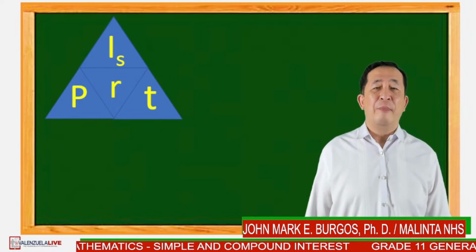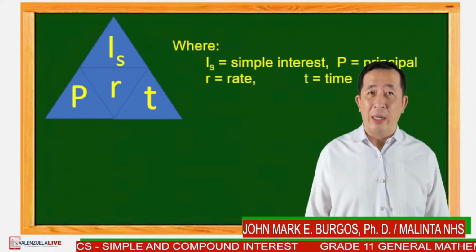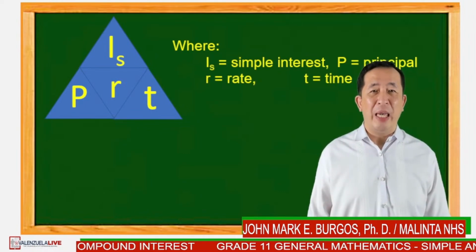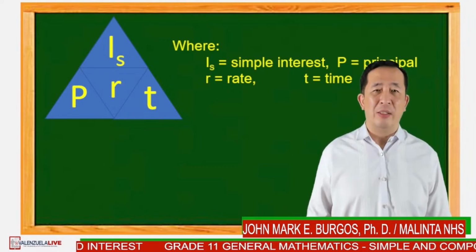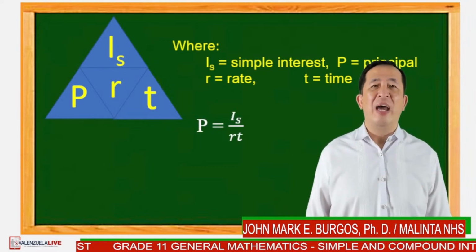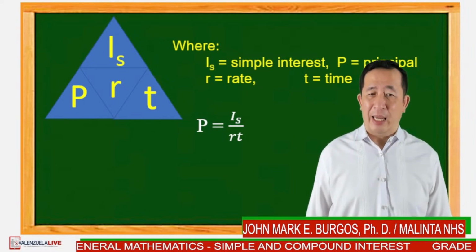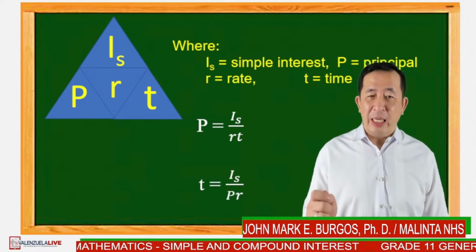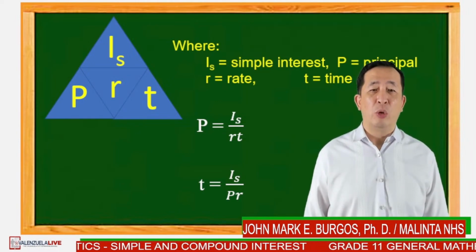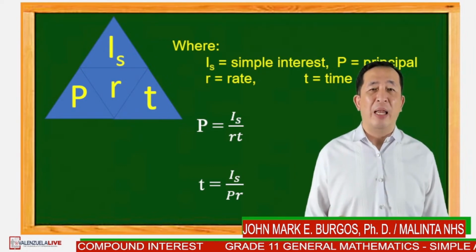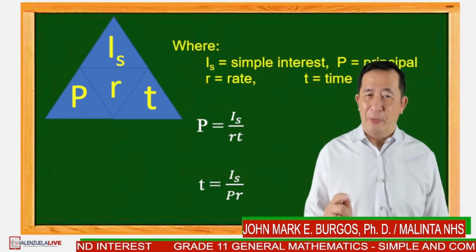If the principal is required, then we have the formula principal or P is equal to interest or simple interest divided by rate times time. If T is required, then we have T or time is equal to simple interest divided by the principal multiplied by the rate.